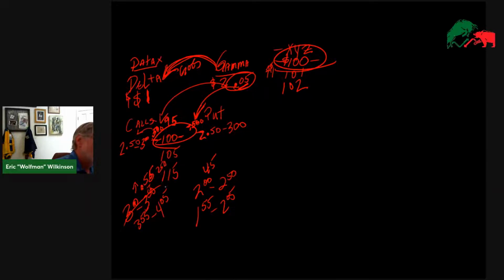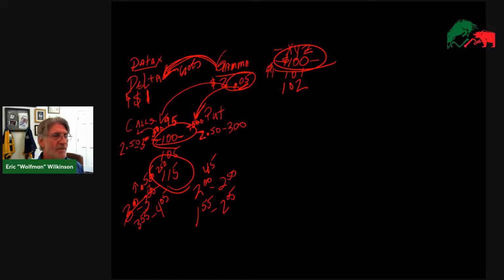That means that strike has a 25% probability of finishing 1 penny in the money when this option expires. It might be 35 days, 100 days, whatever it is. But it's a 25% probability, 1 penny in the money.